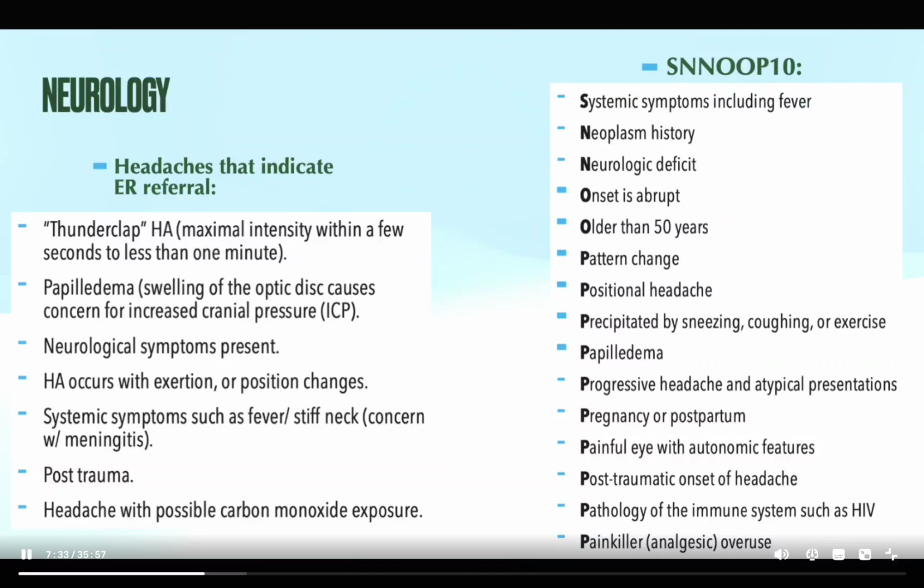It stands for systemic symptoms, including fever, neoplasm, neurological deficits, onset is sudden, older than 50, and then the P's are pattern change, positional change, precipitated by sneezing, coughing, or exercise, papilledema, progressive headache with atypical presentation, pregnancy, painful eye with autonomic features, post-traumatic onset of headache, pathology of the immune system, and then painkiller overuse.